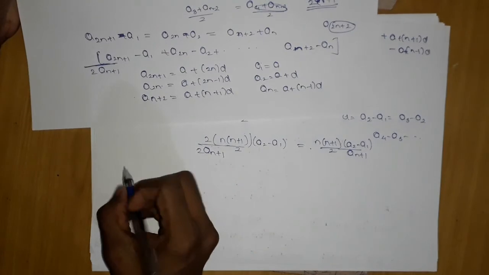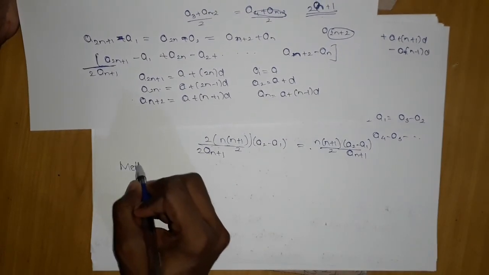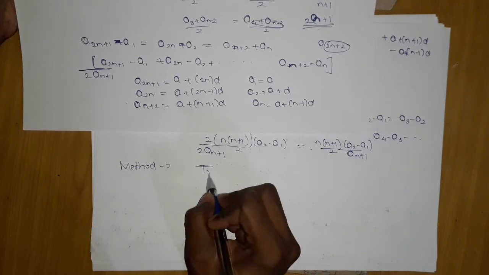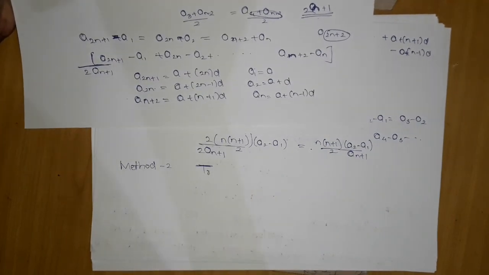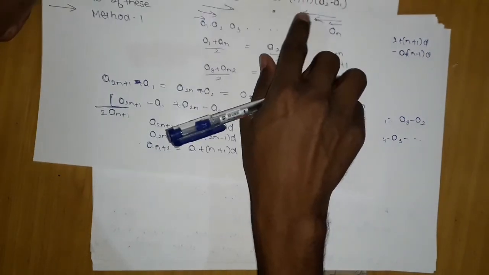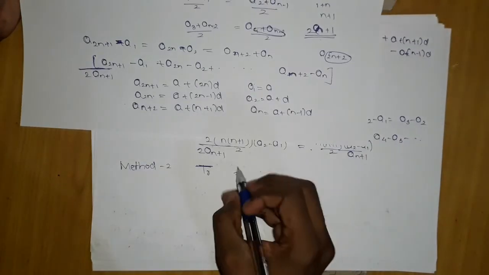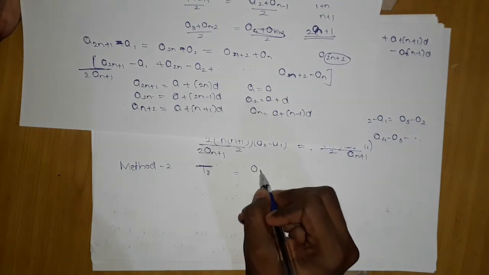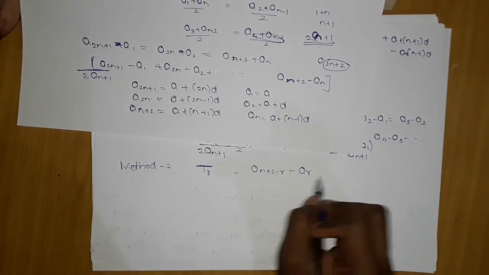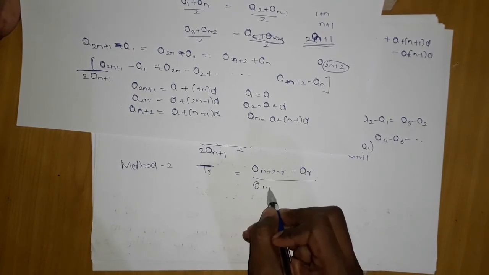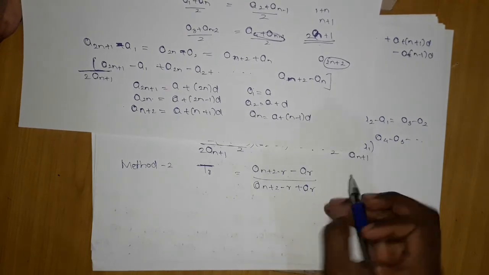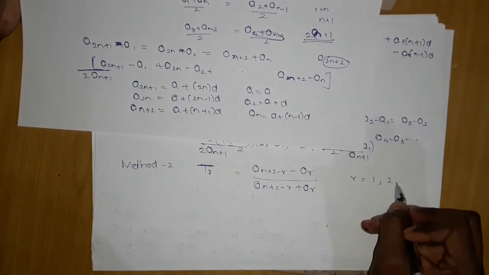Now let's do it by method 2. Method 2, to find the sum, let's assume the general term tr. We can find the tr because tr is the last term, so we have to just use the r-th term, a(n plus 2 minus r) minus ar upon a(n plus 2 minus r) plus ar, okay, this time, and r is beginning from 1, 2, 3 until n.